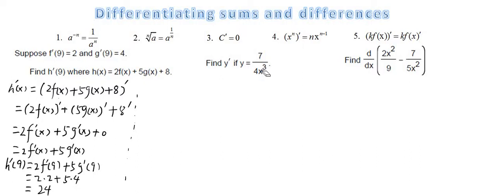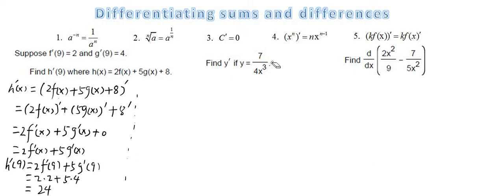We want to convert it. So how to convert it? We're going to use the reversal process of the first formula. Here, a to the power n corresponds to x cubed, and then we can convert it to a to the power negative n.